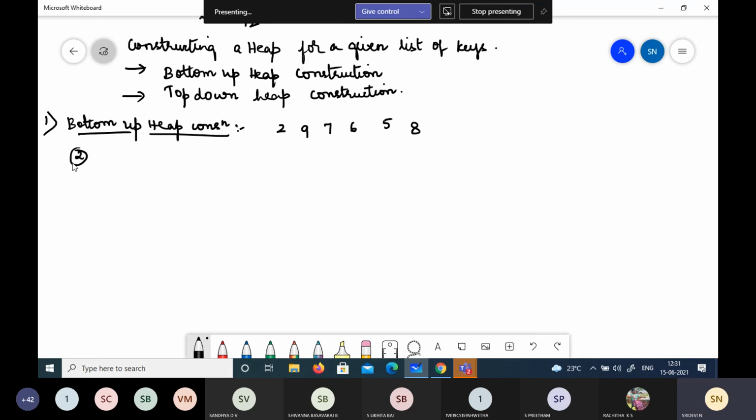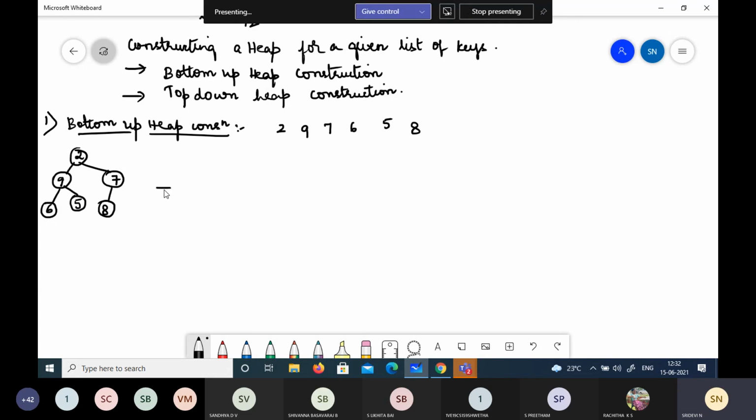So first element, then left, then to the right, then to the left, then to the right, and later to the left of this. So the first step is this. It initializes the essentially complete binary tree with n nodes by placing the keys in the order given, and then it will heapify the tree the way I'll do it now.